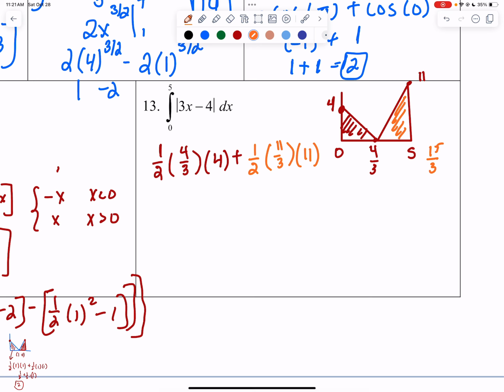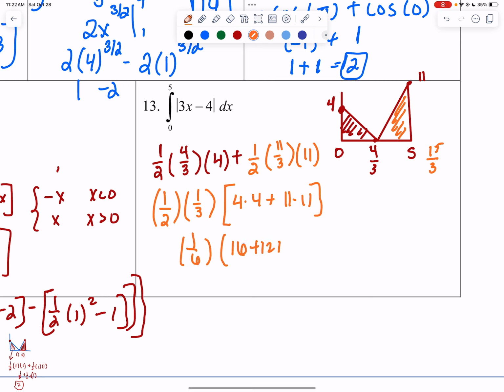Okay, so I'm going to take out a 1/2, and honestly, I'm going to take out a 1/3. So that means that I'm left with 4 times 4 plus 11 times 11. So that's going to give me 1/6 of 16 plus 121, which is 137 over 6.